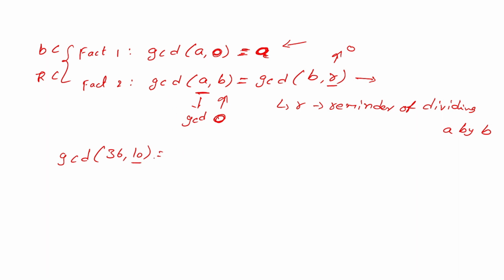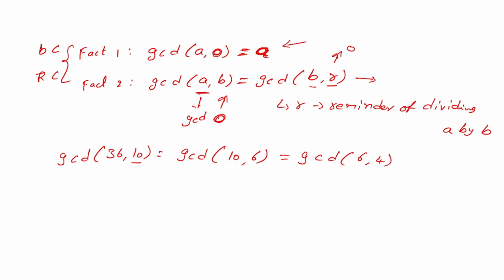GCD of a comma b is equal to GCD of b comma r. GCD of 10, and what is our remainder? 36 mod 10 means we will get 6, so 10 comma 6. Again you need to follow fact 2, GCD of 6 comma the remainder of 10 mod 6, which is 4.